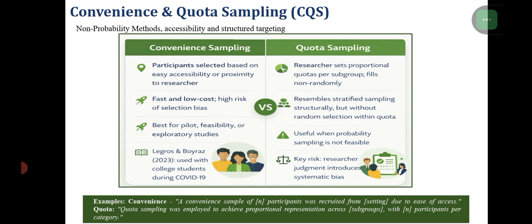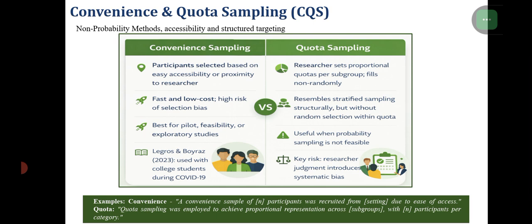Another sampling method here is quota sampling. It's just the same as the stratified sampling that was used in the probability sampling method. The only difference here is this. In quota sampling, you have the subgroups of interest.